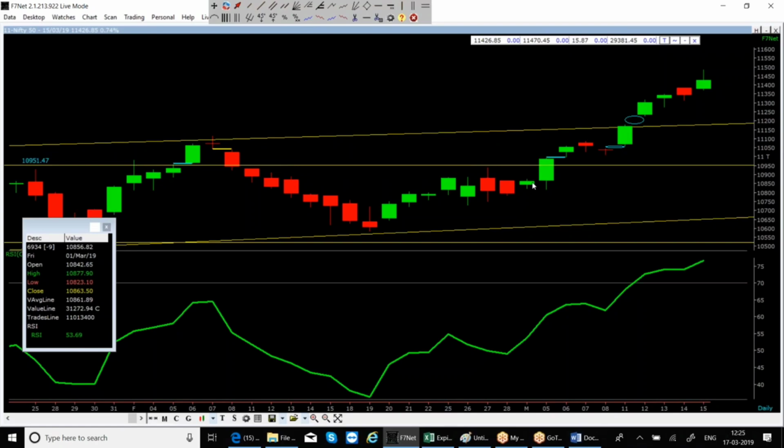Whatever is the option price at that time, when it is 10,950, can I keep that as a stop loss? Closing basis, Gunjan sir, I will use only if it is not breaking this. Otherwise, I can use regular.